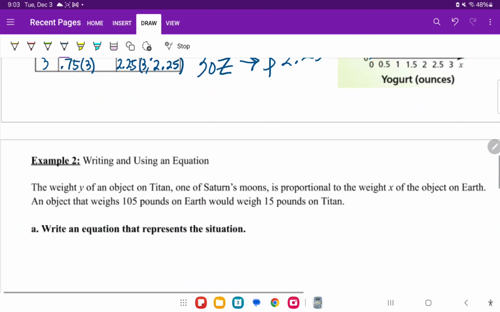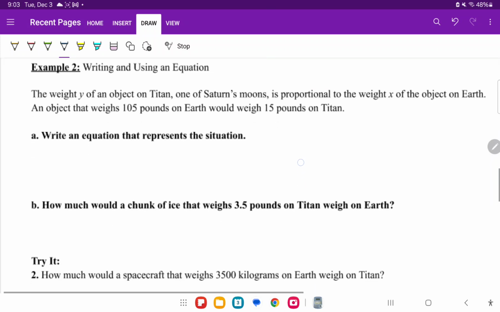Okay, so if we go on to the next one, example 2: the weight y of an object on Titan, one of Saturn's moons, is proportional to the weight x of the object on Earth. An object that weighs 105 pounds on Earth would weigh 15 pounds on Titan.